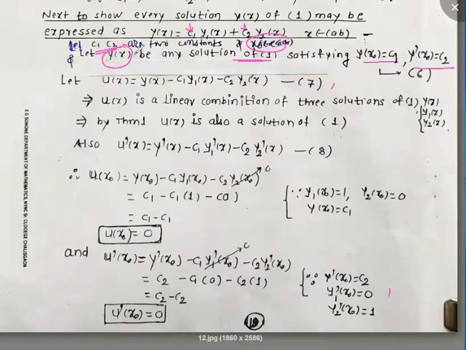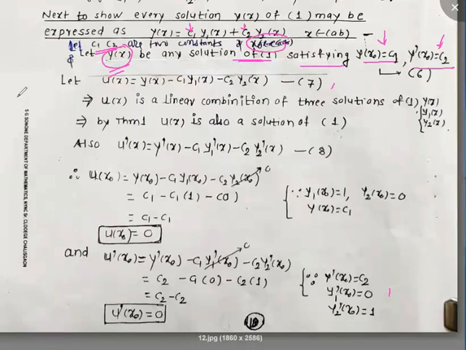For these two constants, by the existence and uniqueness theorem, we get one solution. C1, C2 are arbitrary, so y(x) is also an arbitrary solution. So let y(x) be a solution of 1 whose value at x0 is C1 and whose derivative's value at x0 is C2. This is by the existence and uniqueness theorem.